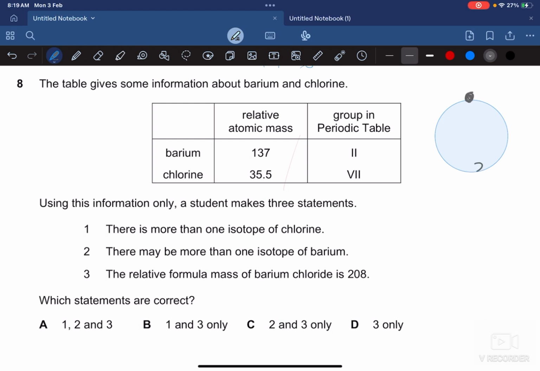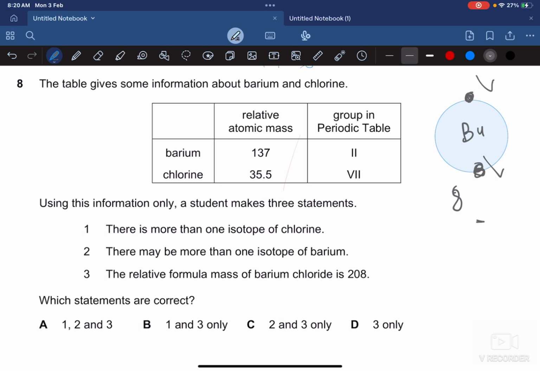In order to stabilize yourself you need 8, but you only have 2 electrons. So instead of gaining 6 electrons to fulfill it, you lose these 2 electrons. And when you lose 2 electrons, your negative charge decreases.